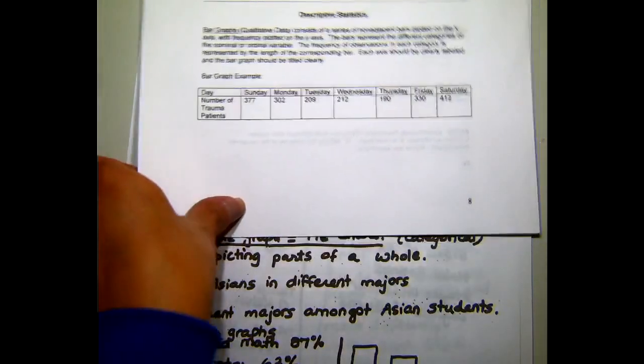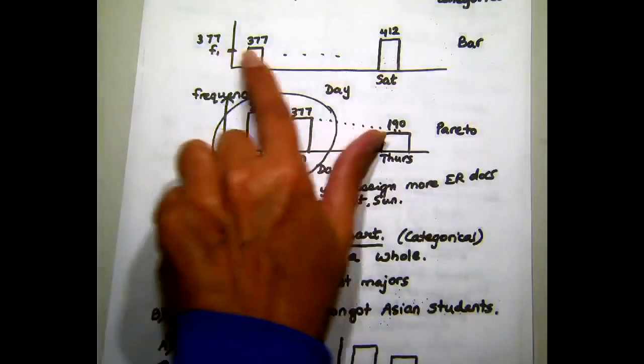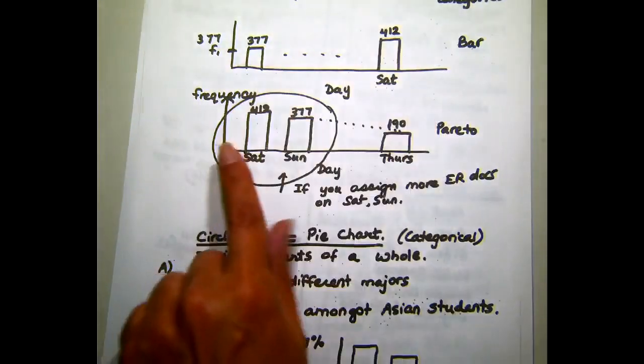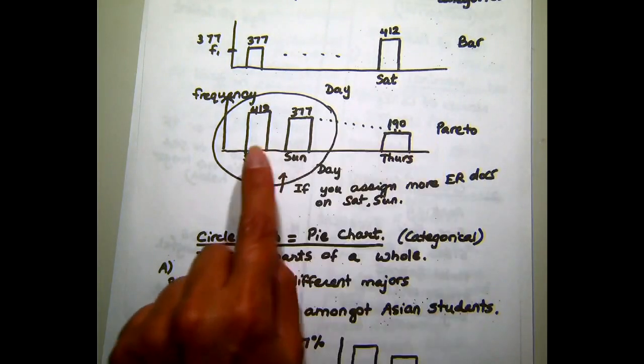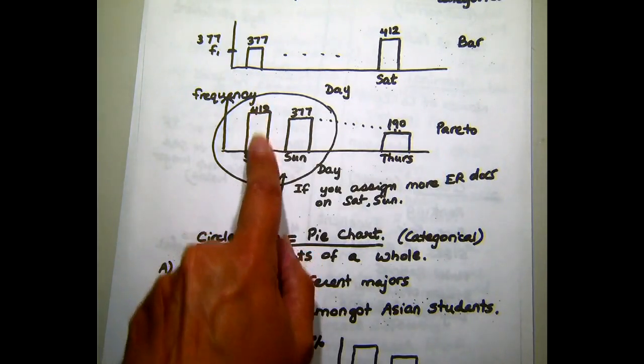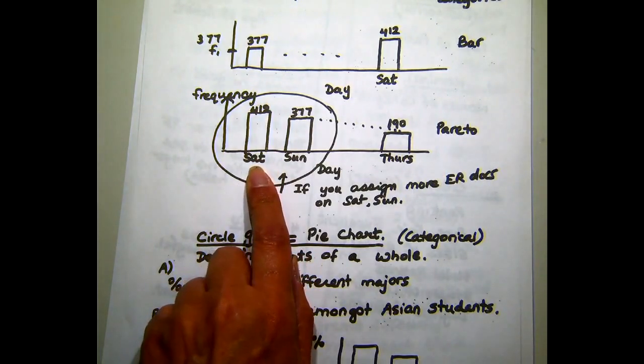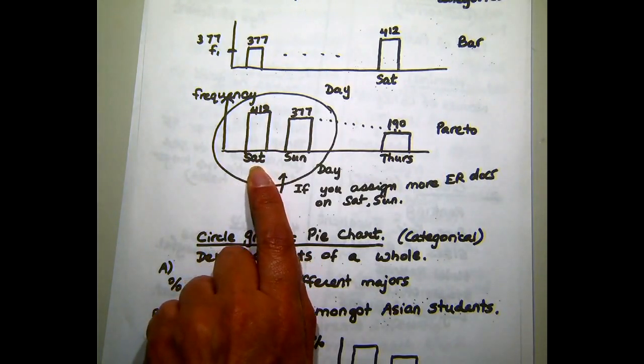Now, if I take that bar graph and change the order of the days so that the height of the first bar is the largest, and therefore the first bar is Saturday and not Sunday like it was before, then that would be a Pareto chart.